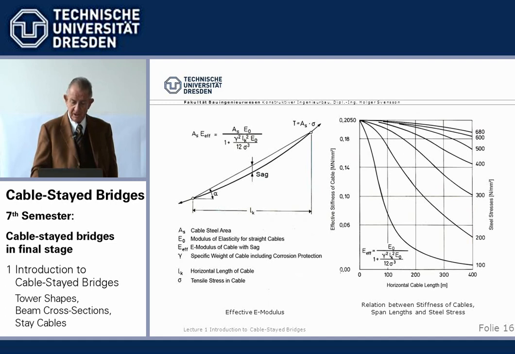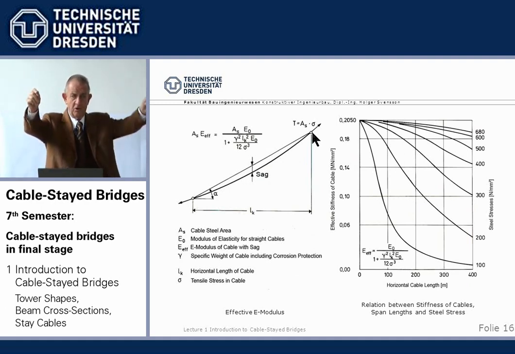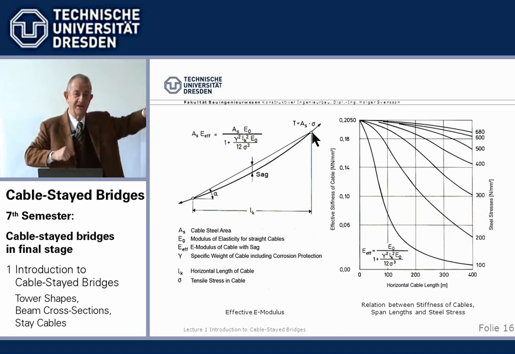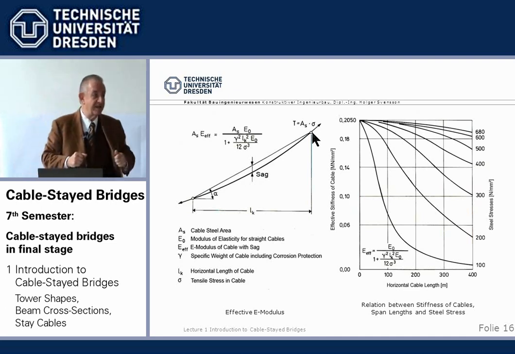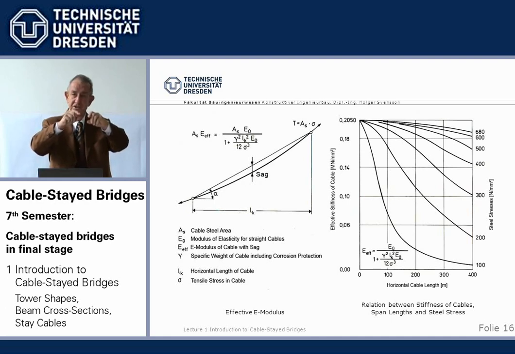But we have one additional effect to consider, and that is if we span a cable between 2 points, or if you use a cloth line to hang up your washing, there is a sag in the cable. And now, by pulling at the cable, the sag is reduced. So we have, in addition to the elastic elongation of the cable, an additional elongation which is due to the reduction of sag.